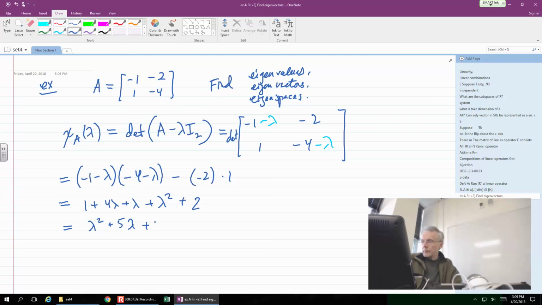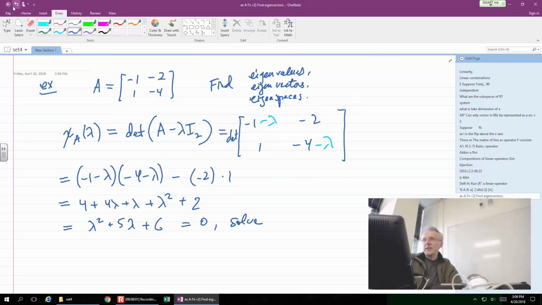Hold on a second, it's not 3, is it? This is 4, right? That's better. Yeah, that's better. 4 for lambda squared. Okay, and 2. So it's lambda squared plus 5 lambda plus 6. Okay, set it equal to 0 and solve.